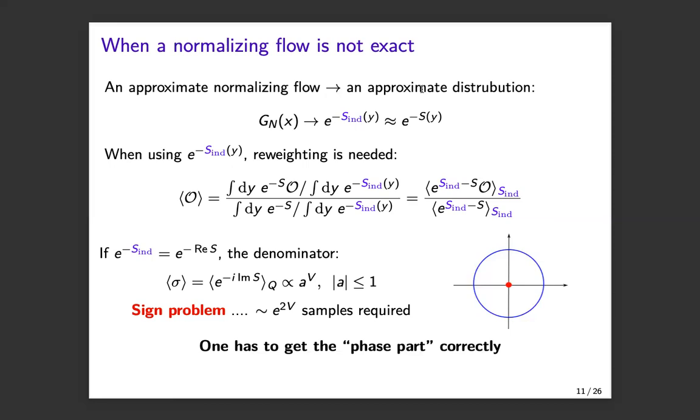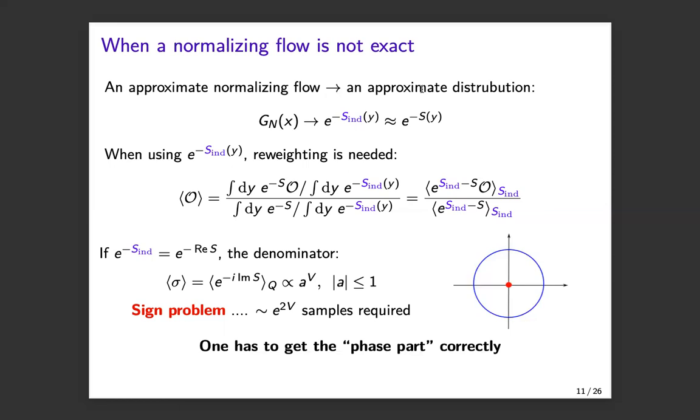Then if you look at the denominator, what you're computing is the expectation value of the phase of the Boltzmann factor under this quenched distribution, which is this e to the minus real part of s, and which we often call the average sign. So what you're doing here is sampling a phase from this unit circle and summing them up to get some small number.